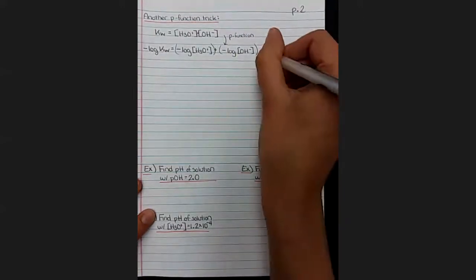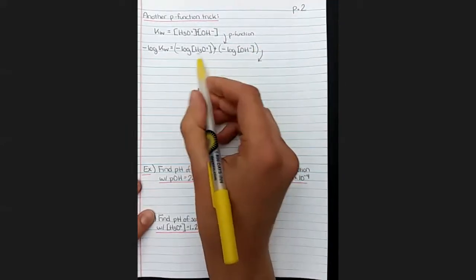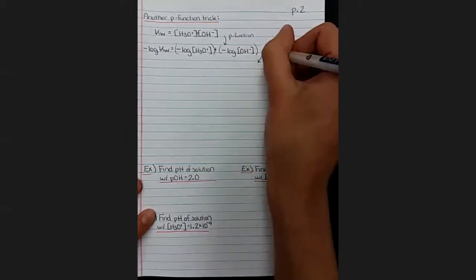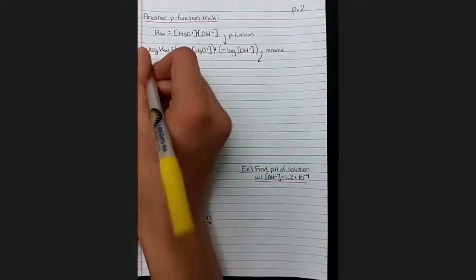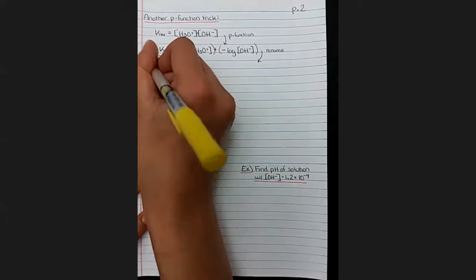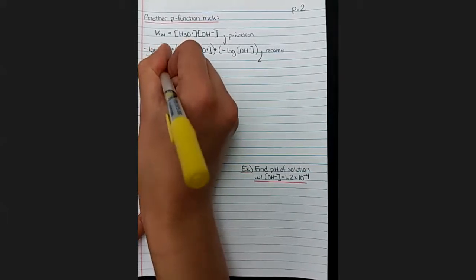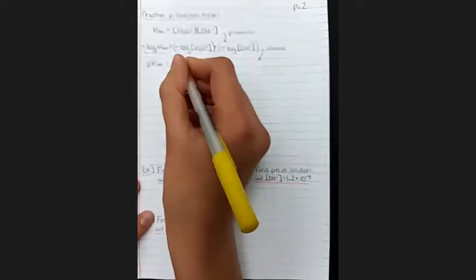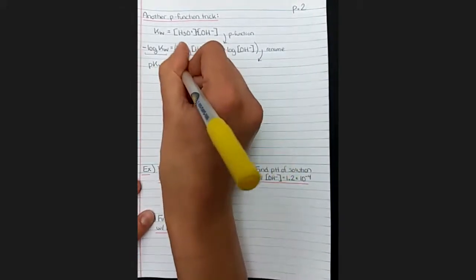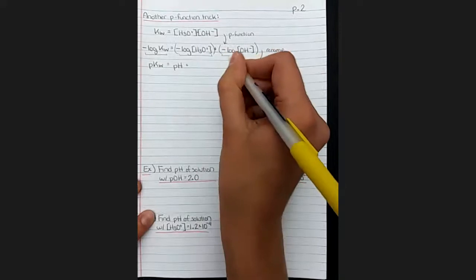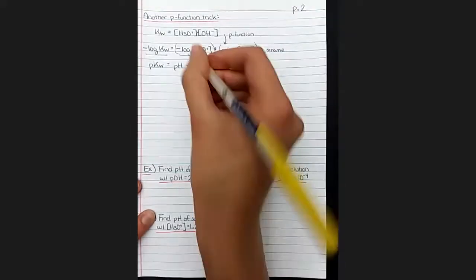Okay. And then we gave some special names to some of this stuff already. So we can substitute in those special names. We named this thing pK, or in this case, pKW for water. We named this thing the pH. And we named this thing the pOH.